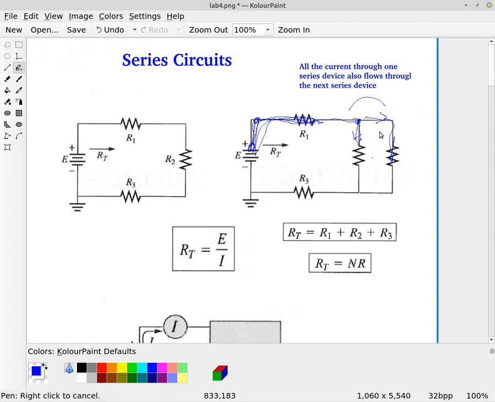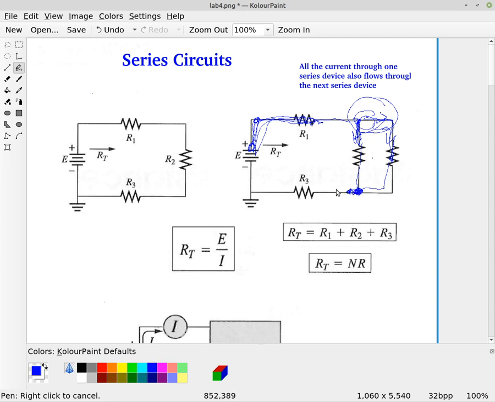So this becomes a parallel branch where some of the current can go through one side and some through the other. And so this is not in series. When we come down through these two resistors and over here, they join back up and we have the same current.